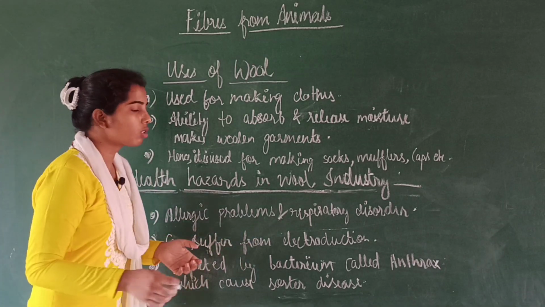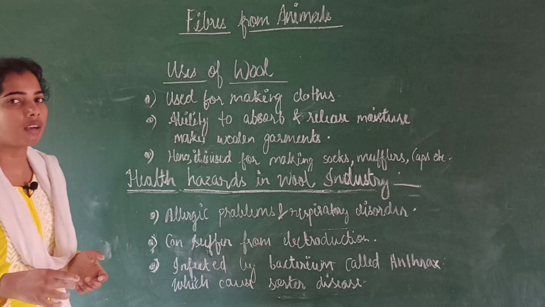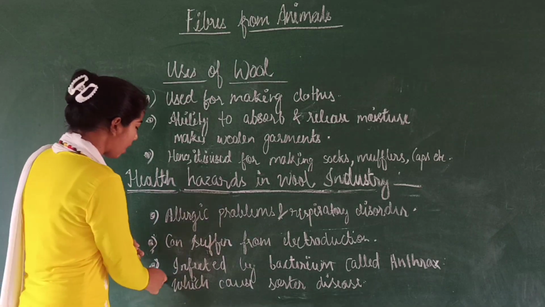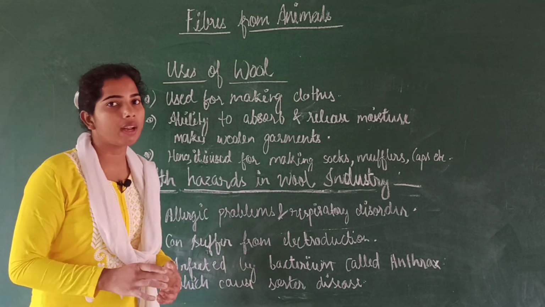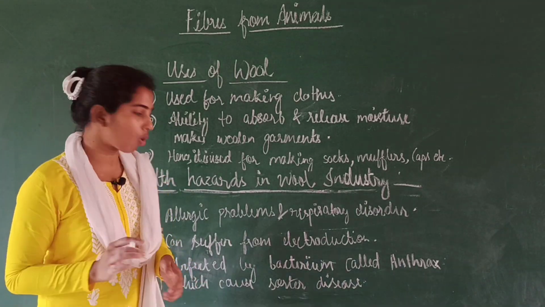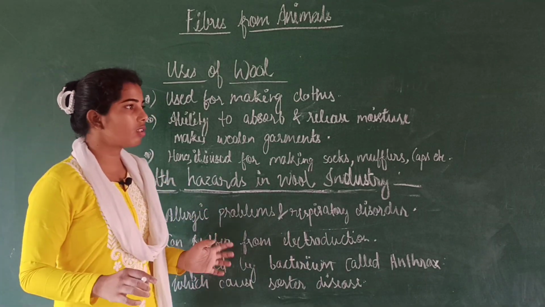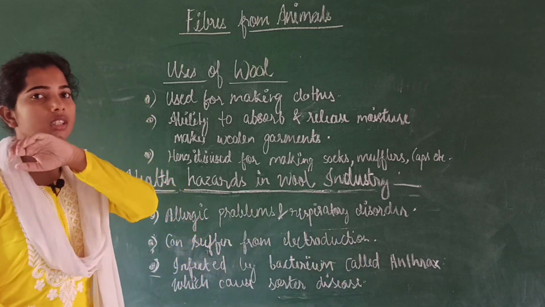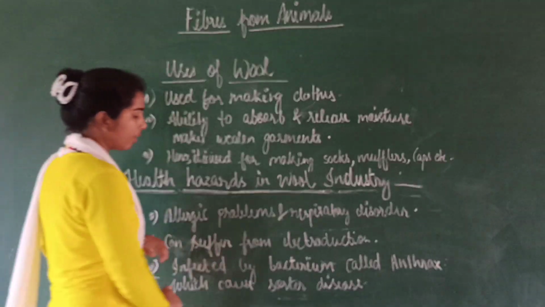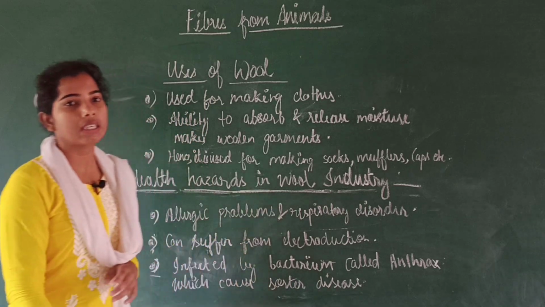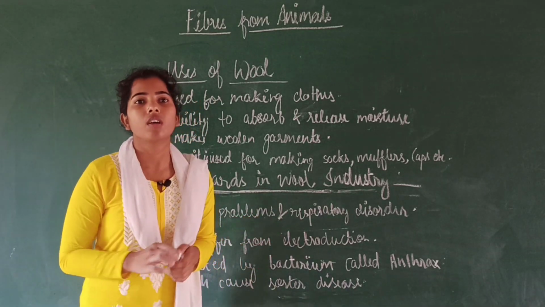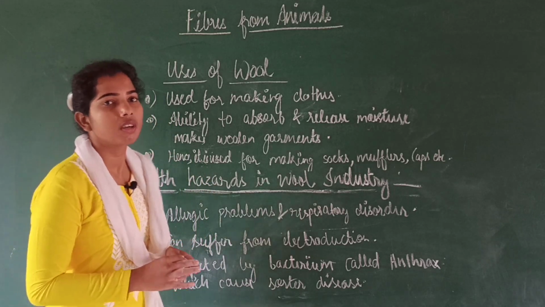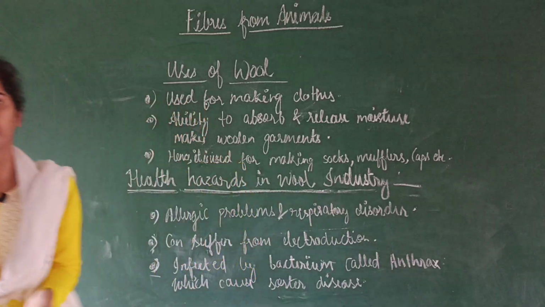They can also suffer from electrocution, and last point is they are infected by the bacterium called anthrax. Anthrax causes a disease, that is Sorter disease, and the symptoms of the Sorter disease are fever, fatigue, chest pain, cough, etc. Thank you.